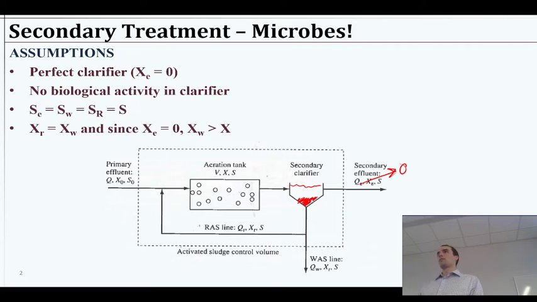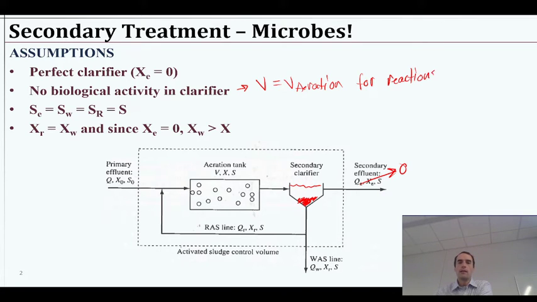So, meaning we assume that there's no biological activity inside there because we're not bubbling air in it. If we were bubbling air in it, we'd have a hard time for anything to settle because those bubbles will capture the particles and lift them to the surface, right? So, in our clarifier, we say not technically V equals zero, but for the purpose of reactions, let's say V equals V aeration for the relevant reactions.